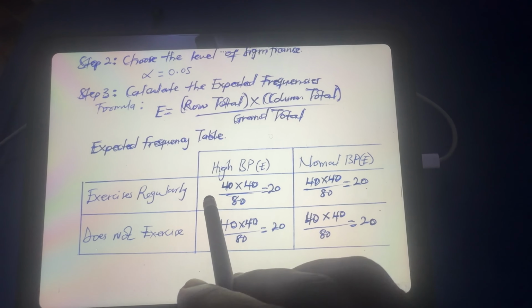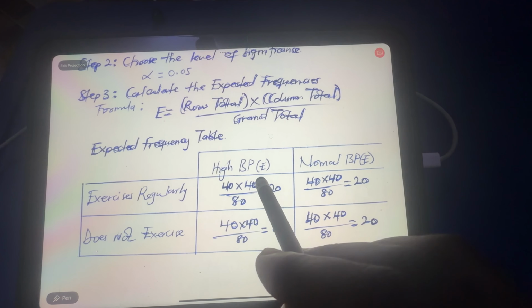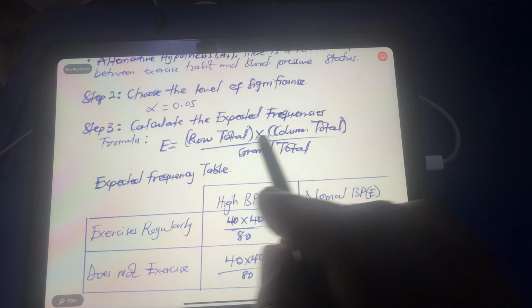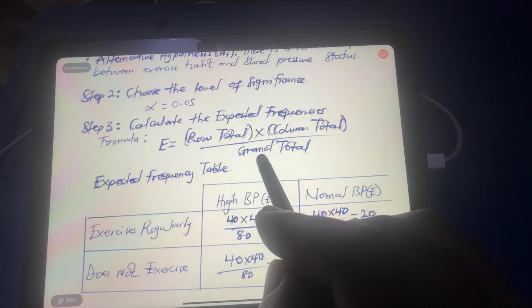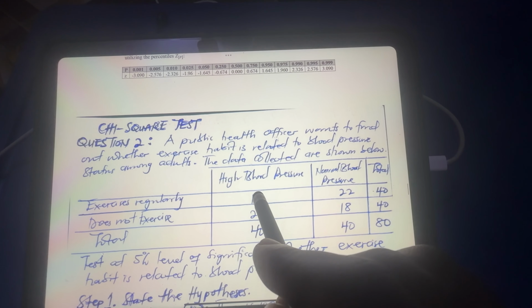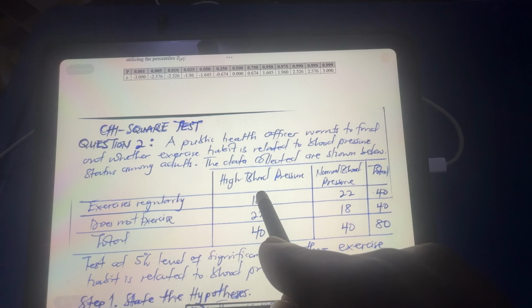That is the formula: row total multiplied by column total divided by grand total, and that is what has been done over here. So 40 multiplied by 40 divided by 80 is 20.